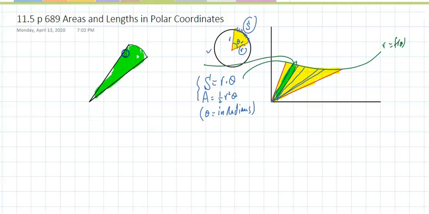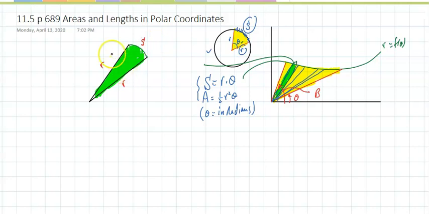Now, if I know that this angle right here is theta, and the angle right here is beta, when I look at this, this is r right there, and this right here is actually s.